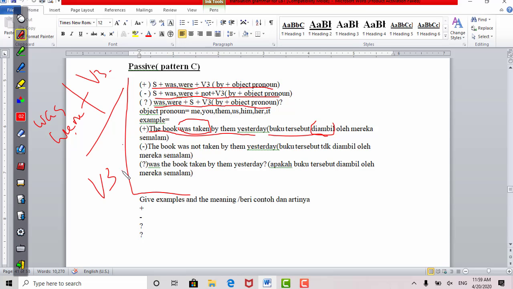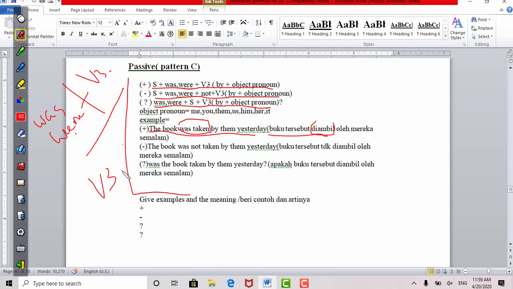Like pattern C simple present, pattern C simple future, pattern C present perfect, pattern C simple past, all of them use verb 3. And the meaning will be dihukum, diakui, dipotong, dikerjakan, something like that. This one is for pattern C. And in pattern C you change the object to become the subject.